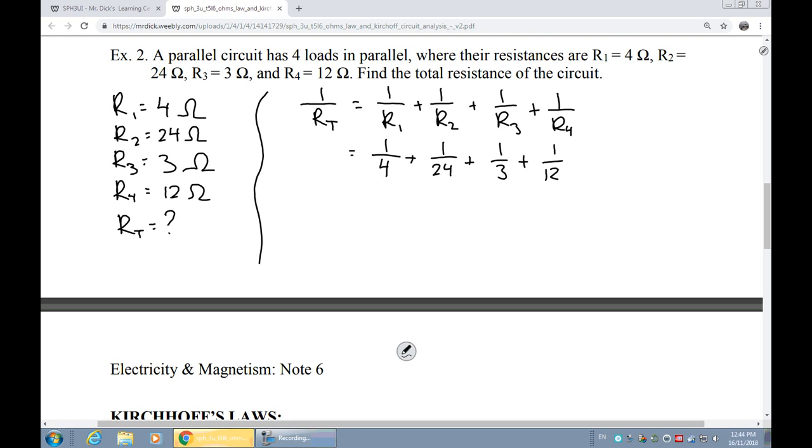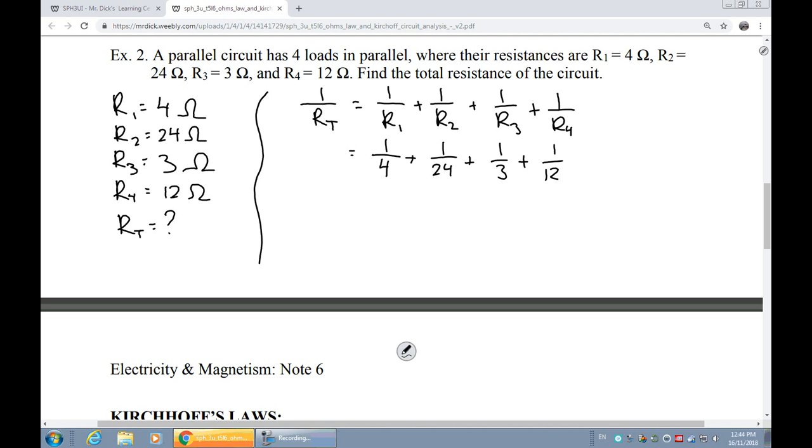Now, if we had to, we could figure out what all of those fractions are in decimal form, and then just add together all of those decimal numbers. In this case, though, they all happen to be fractions that can easily lead to a common denominator, in this case of 24.